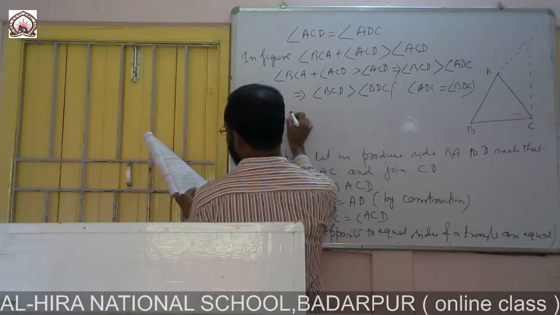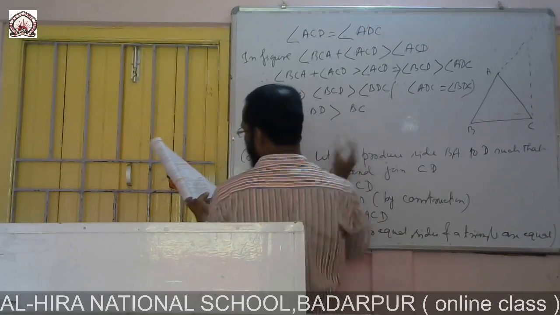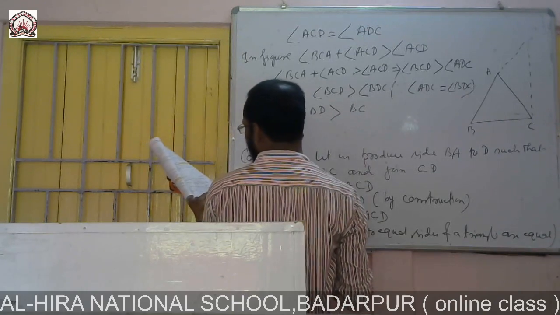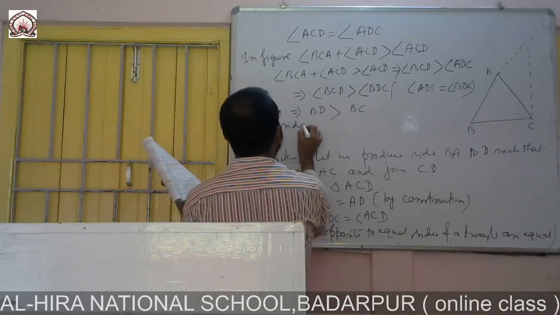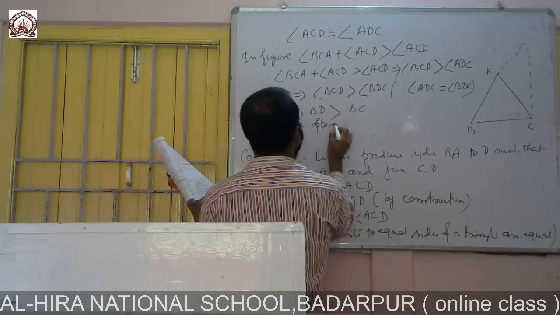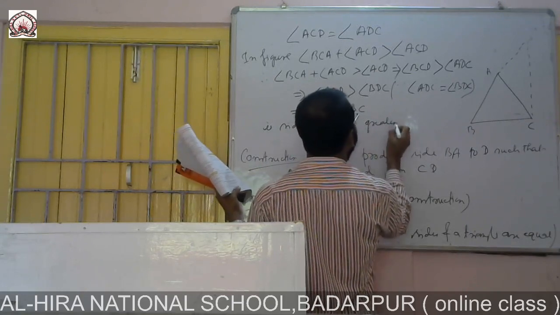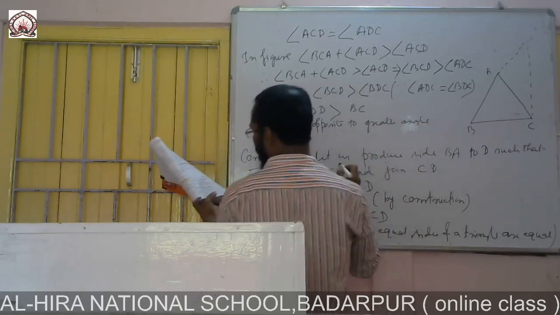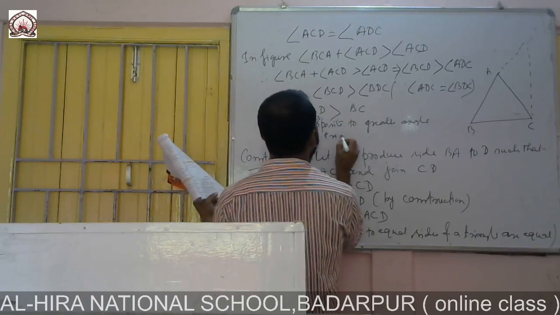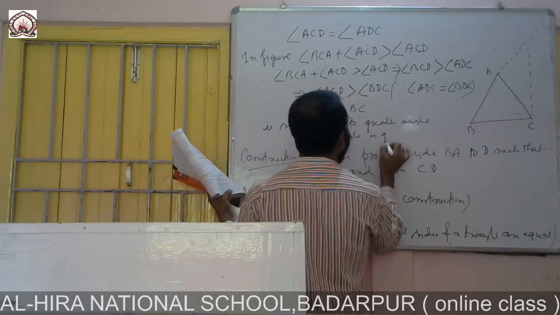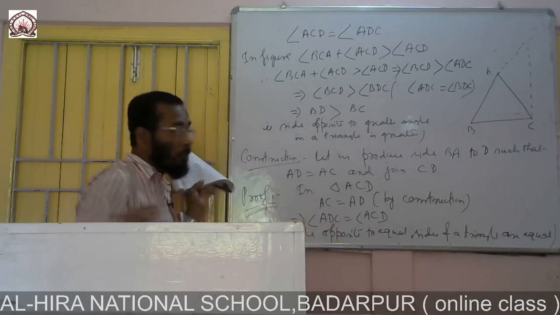This implies BD is greater than BC, that is, the side opposite to the greater angle in a triangle is greater.